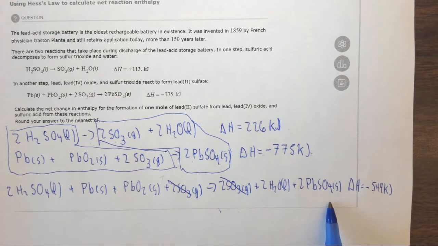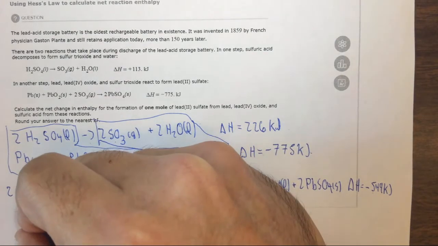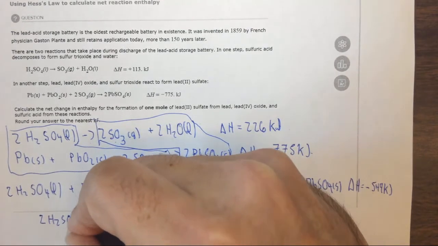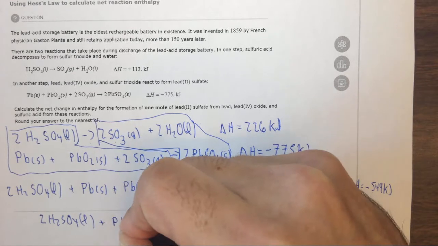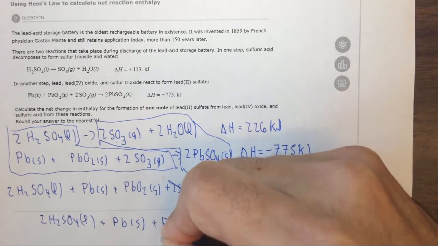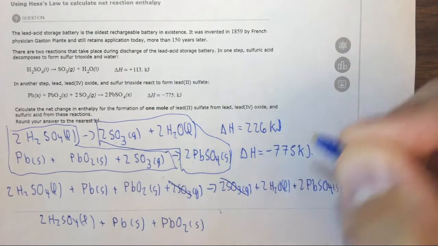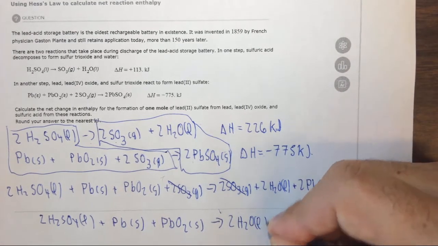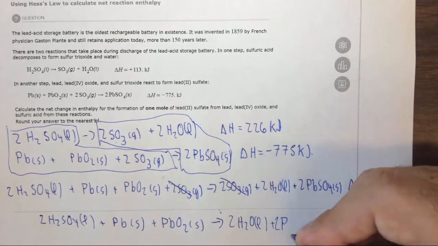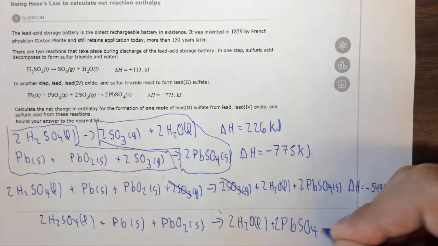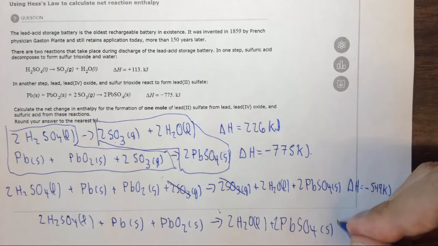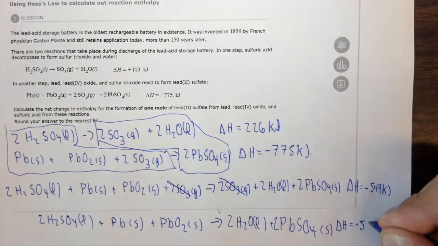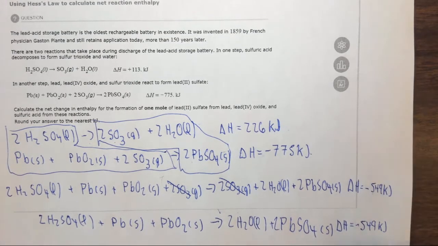Now we can write the net equation, which is 2H2SO4 liquid plus lead solid plus PbO2, lead 4 oxide, solid, yields 2H2O liquid plus 2PbSO4 solid. And the delta H is the same because it's just the same reaction where we canceled things out, which is minus 549 kilojoules.